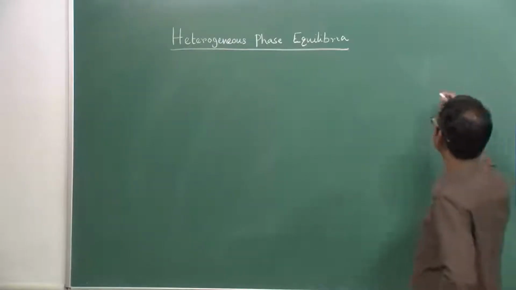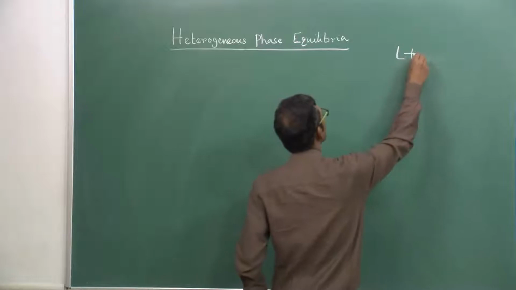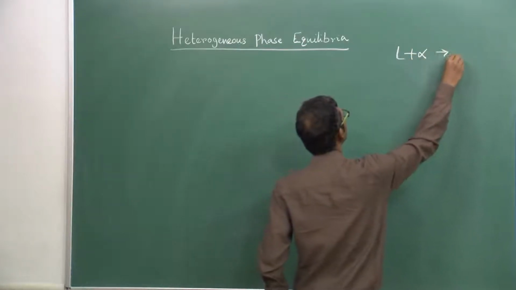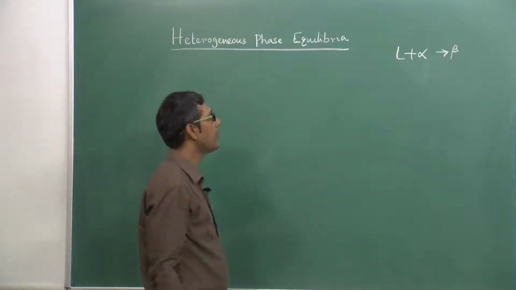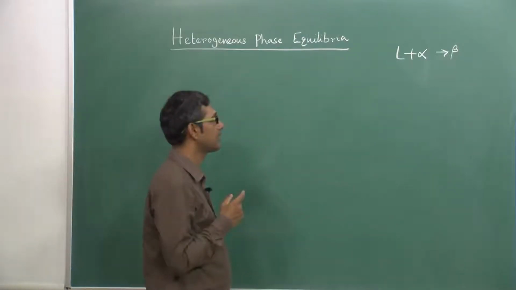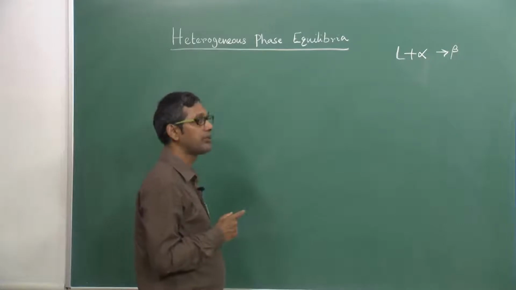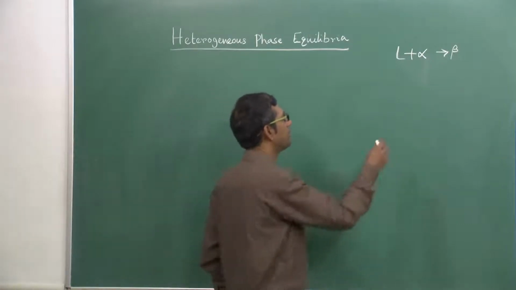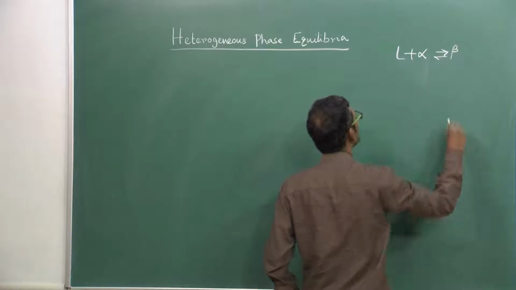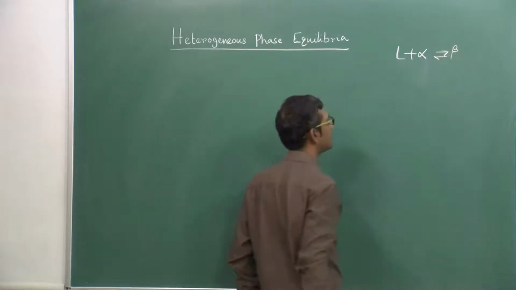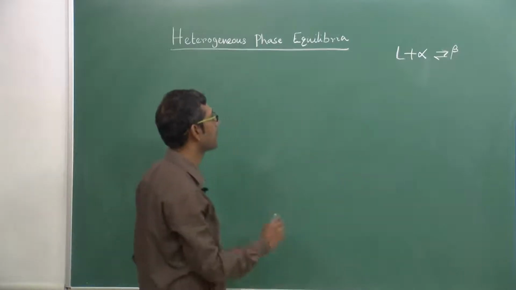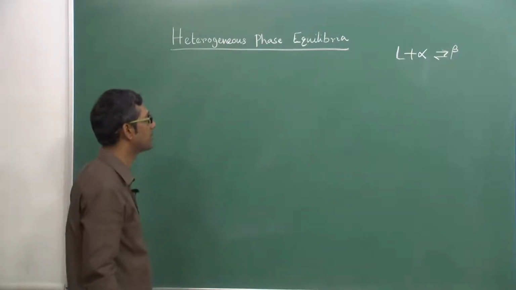As you know, the peritectic phase diagram is based on the peritectic reaction, where liquid reacts with another solid phase, here alpha, and produces a new solid phase called beta. This is a reversible reaction, so we always write it that way. But we are interested in the forward reaction, that is liquid plus alpha going to beta.